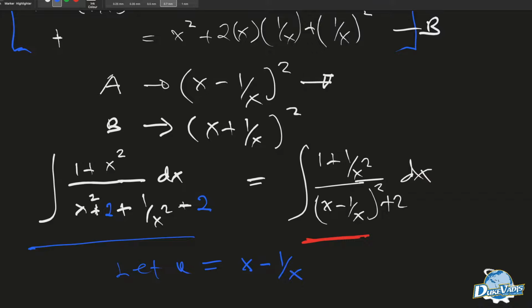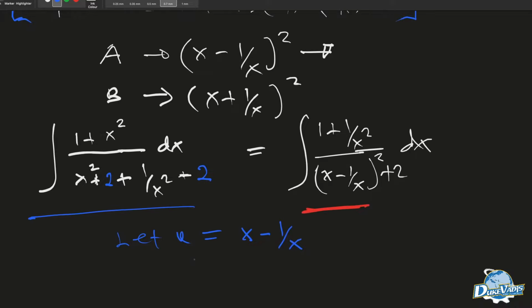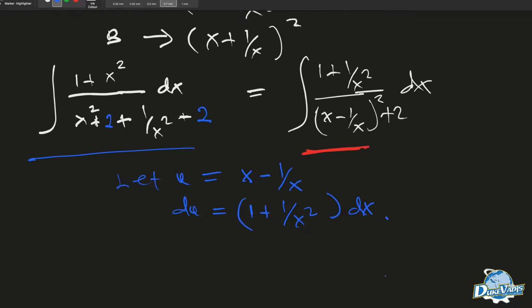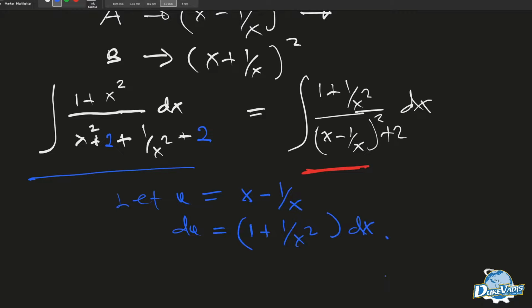When we differentiate this, du will be equal to (1 plus 1 over x squared) dx. So in a nutshell, our dx will be du all over 1 plus 1 over x squared.